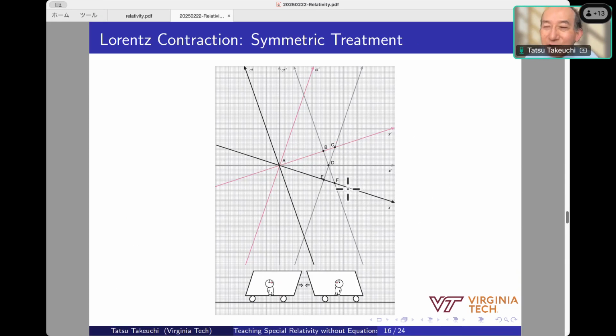So there's no contradiction in saying that in the right moving frame, the left moving car looks shorter, but in the left moving car's frame, it's the other way around. Okay, and it's all due to the fact that you have to compare the separation of points at the same time, but what you mean by at the same time is going to be different.